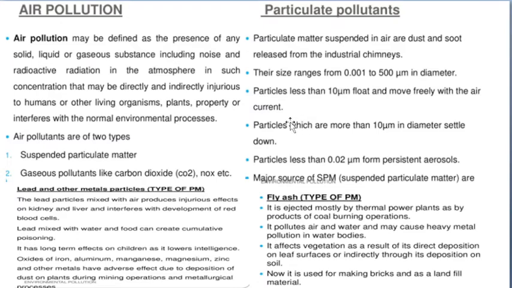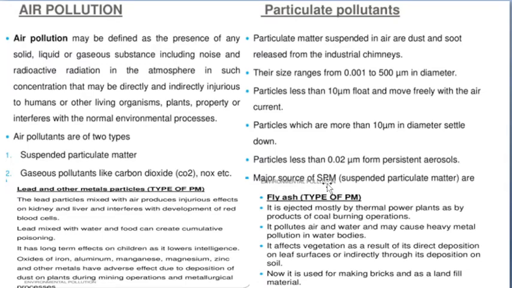Particles less than 10 micrometer float and move freely with the air current; those are termed particulate pollutants. Particles more than 10 micrometer in diameter settle down due to gravity. Particles less than 0.02 micrometer form persistent aerosols.